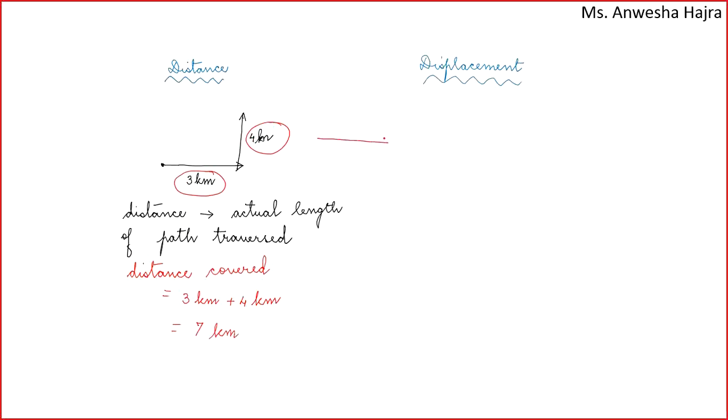But in this case, what is my displacement? The car was moving 3 kilometers and then 4 kilometers in this direction. Displacement, as you have learned when you were small, is the shortest distance between the initial and the final position.